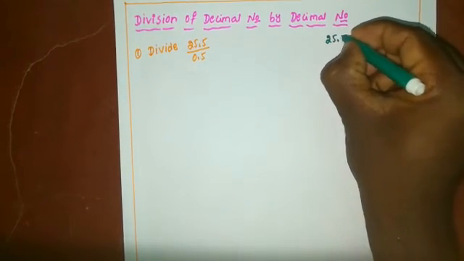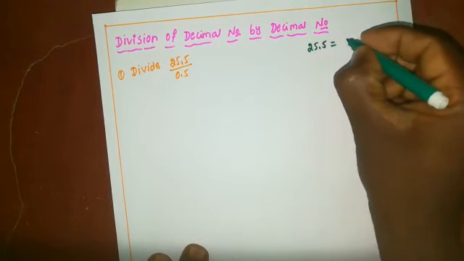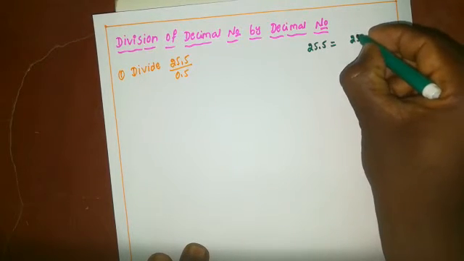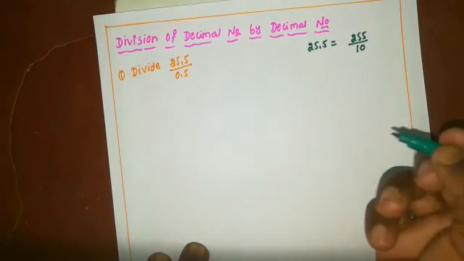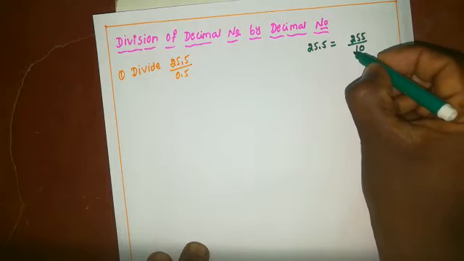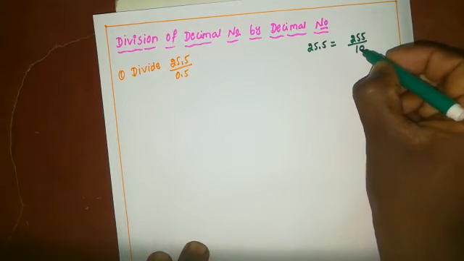Let's see. Here 25.5, we have to convert this into a fraction. We have a point after one digit, which means in the denominator we write 10, so we can write it as 255 divided by 10.